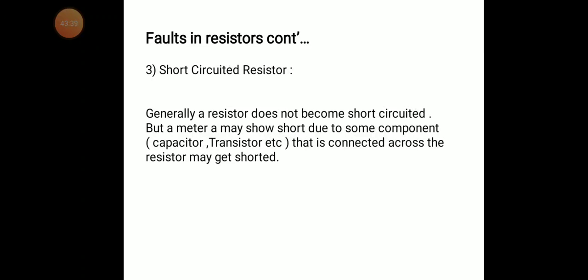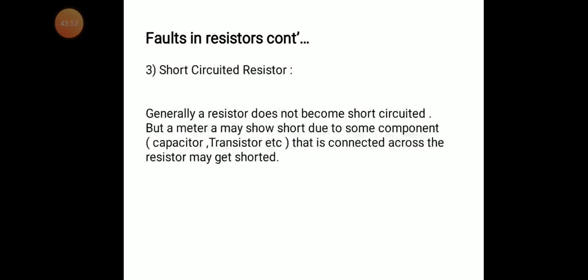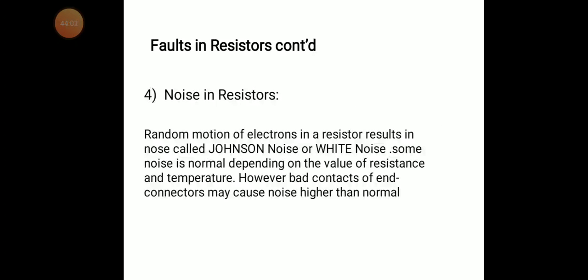The meaning is that the resistor never becomes short circuited by itself. If other components, resistors, capacitors or transistors are connected across that particular resistor, the meter may show it as short circuited. So this is another fault of resistors.